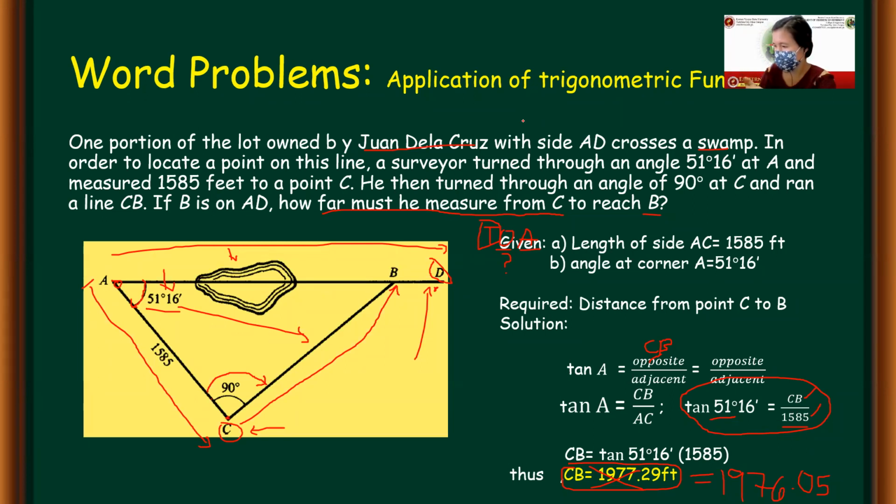You can input tangent directly on the calculator, no need to inverse. It is already in degrees. So input tangent, then 51 degrees 16 minutes, then multiply by the distance 1585. If you get 1976, no need for inverse or shift.